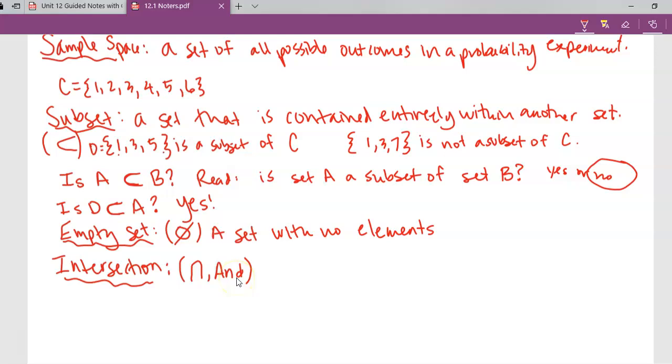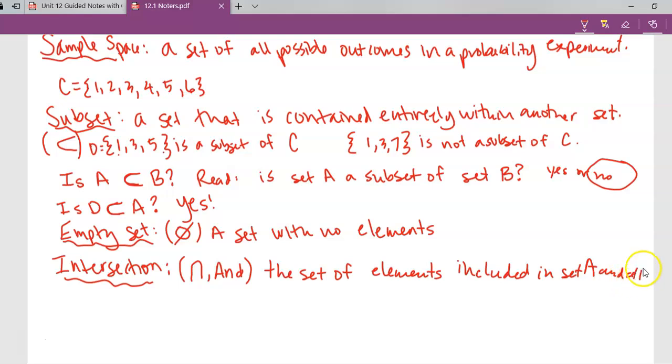And so the intersection is the set of elements included in set, let's say A, and set B.